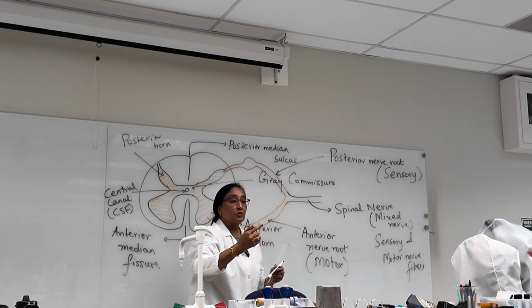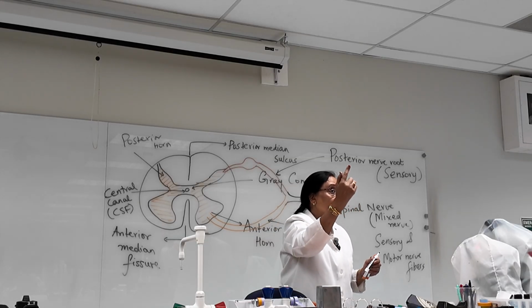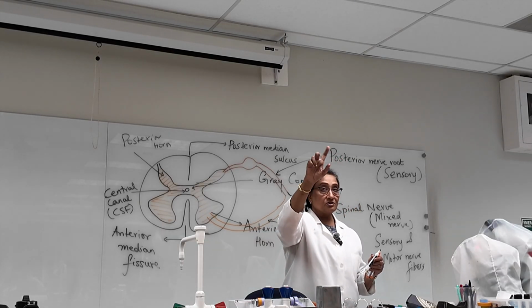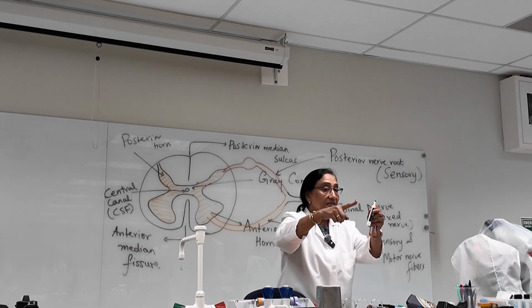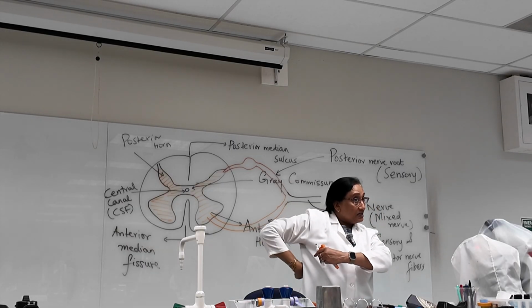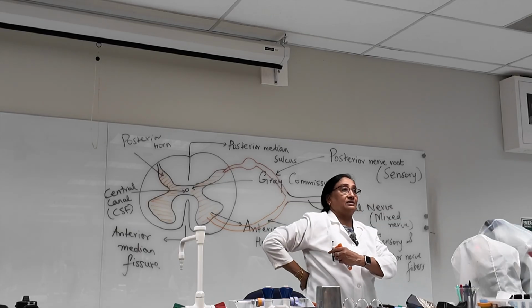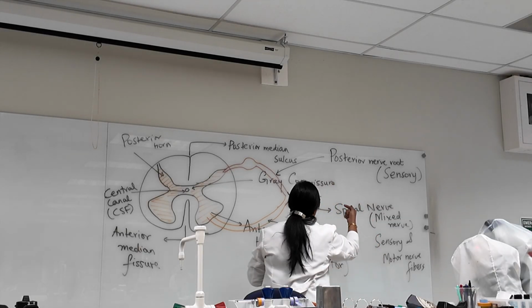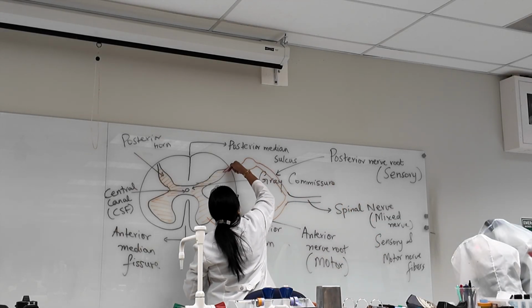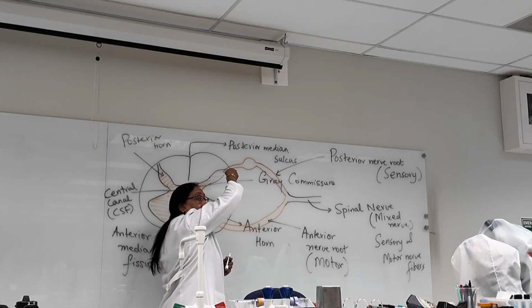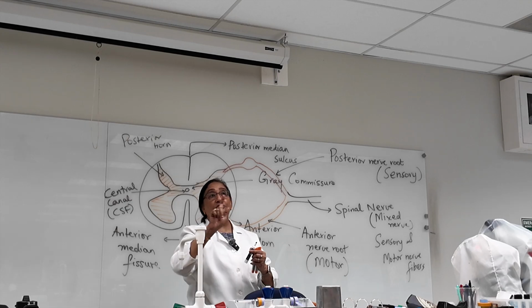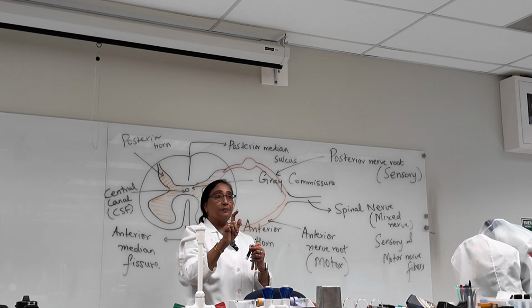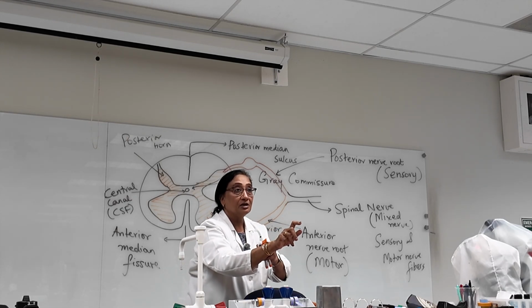In other words, when a sensation is entering your spinal cord, so if my finger touches something that is hot, the sensation is going to enter my spinal cord through the back. The nerve is going to carry it like that and go here. And when I touch something hot, I need to withdraw my finger, my muscle has to contract.